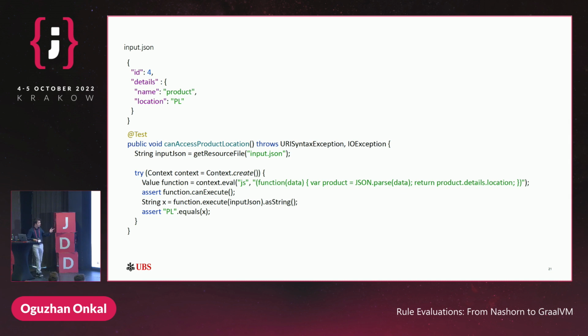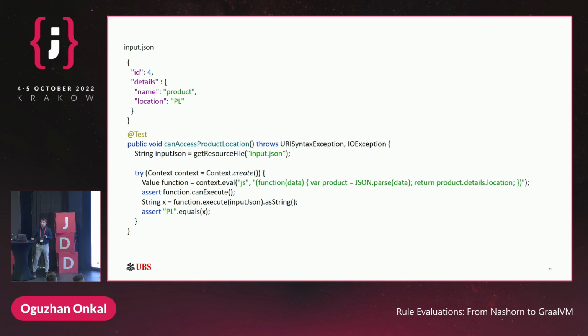So this time we just wrote a custom function which takes the data, and the JavaScript code then parses this input, which is JSON. Since JSON is very easy to access and manipulate in JavaScript, we can now access inner elements very easily, like product details, location, for example.